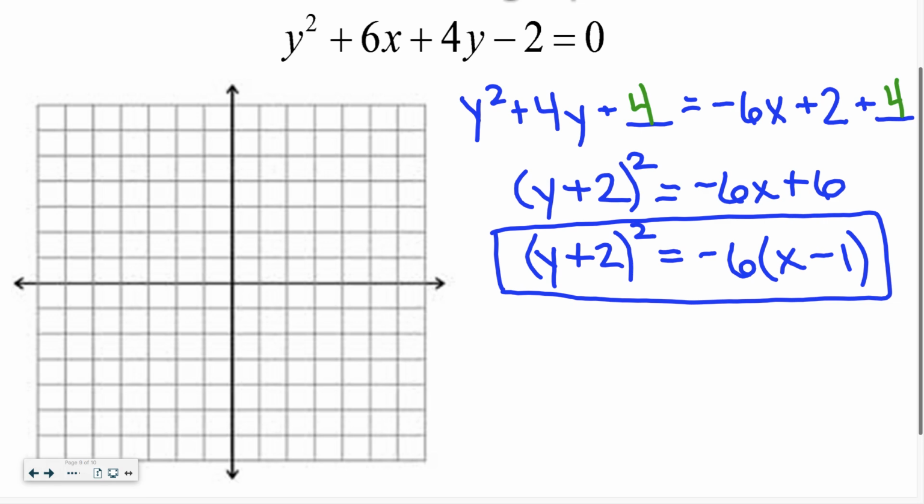Now please be careful. Where's the vertex? 1, negative 2, please. X, then y.